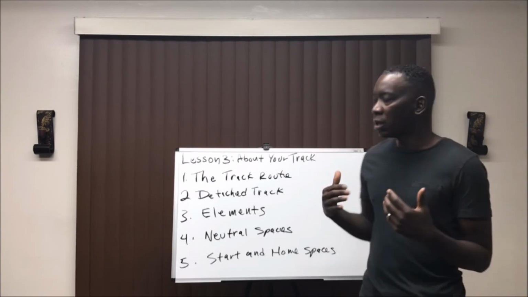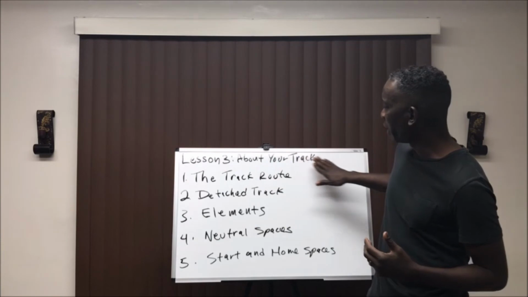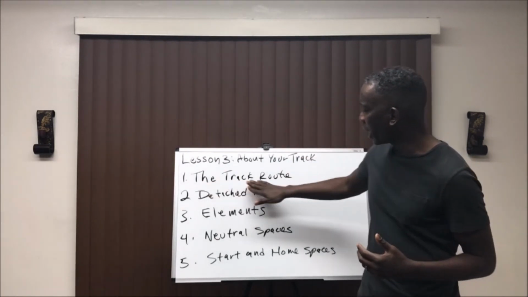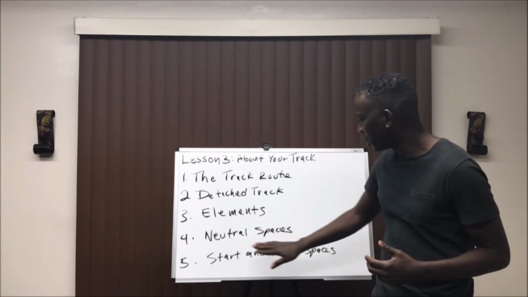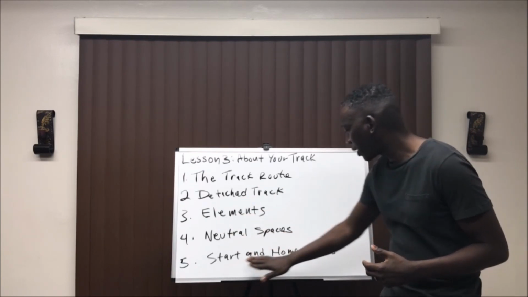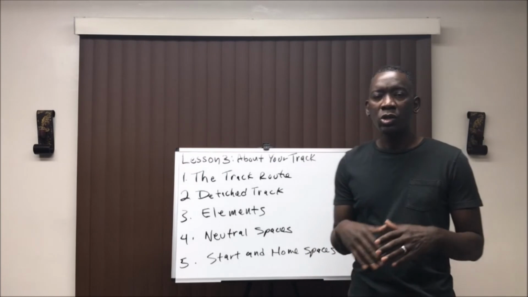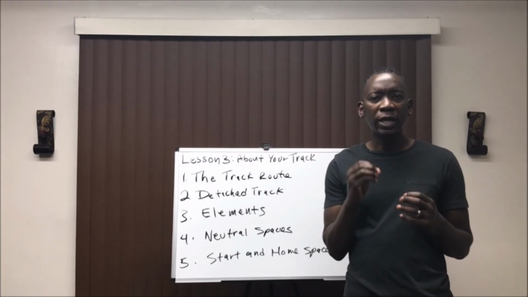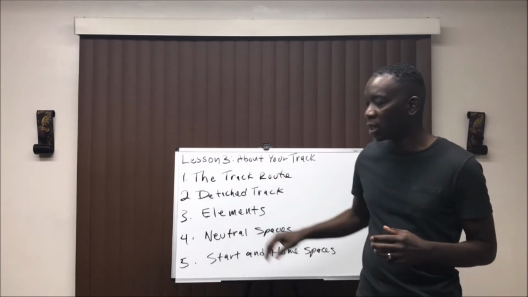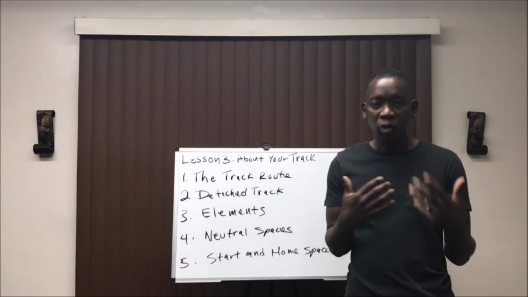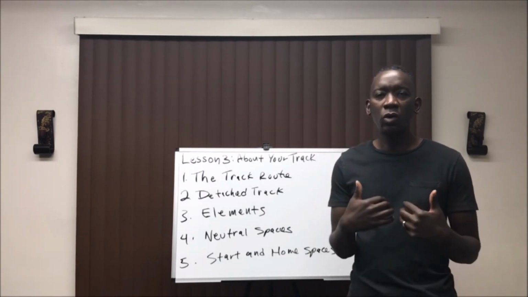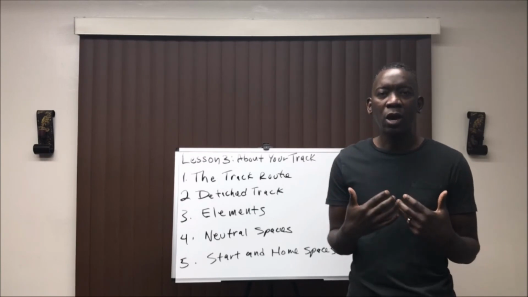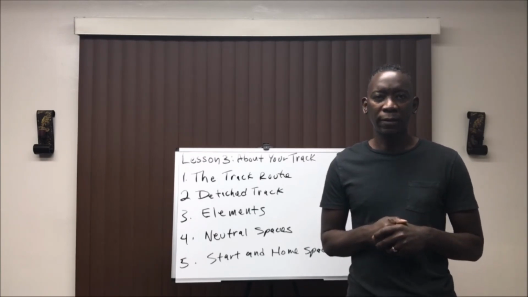Now, lesson 3 about your track: the track route, detached track, elements, neutral spaces, start and home spaces. So I hope that you'll be able to take a look at these 5 points about the track that you're about to create, that'll give you more insight on how to create a track for your tabletop board game.